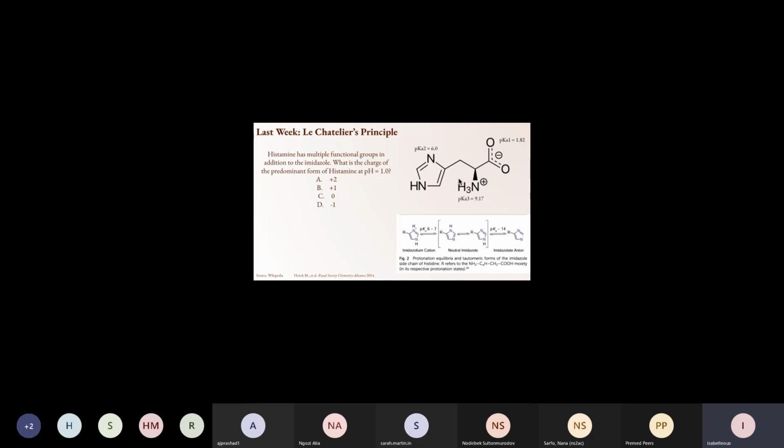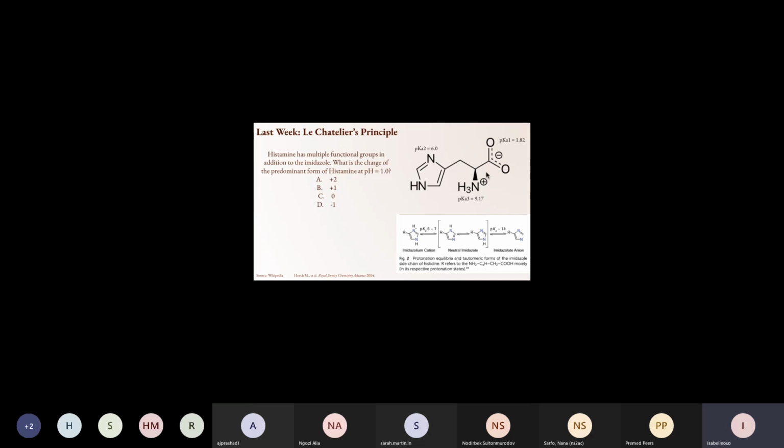And then the third one is the NH3, which gets protonated or deprotonated at the pKa 9.17. Again, this is much higher than the pH as indicated.